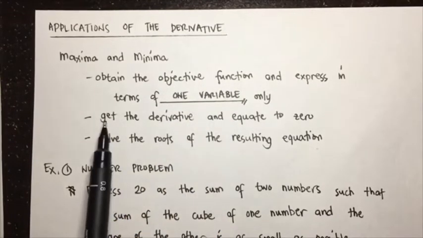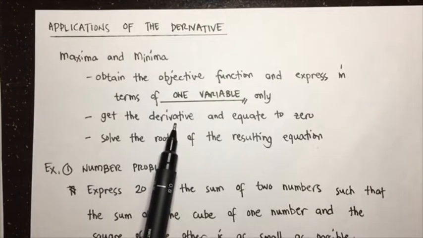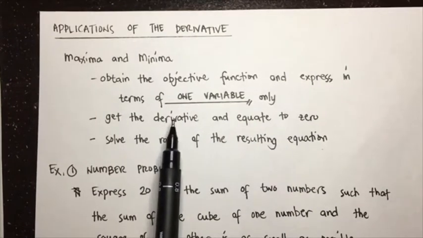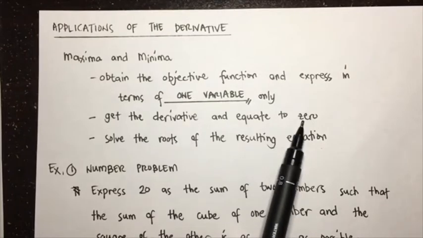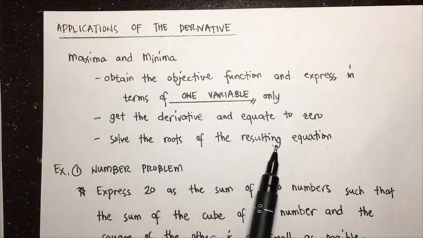The next is, since this is a maxima and minima problem, we need to set the first derivative to 0, and then solve the roots of the resulting equation.